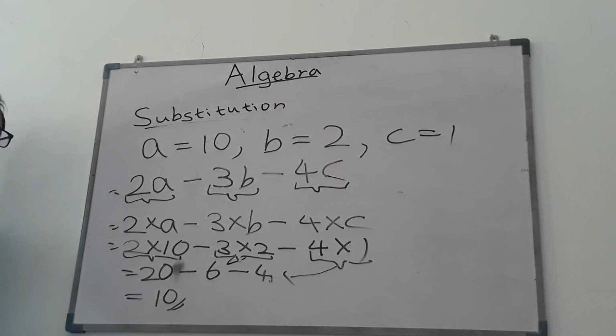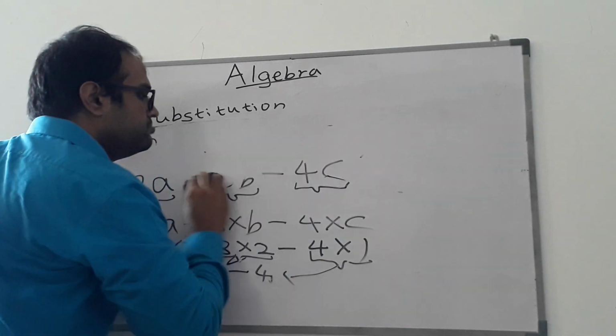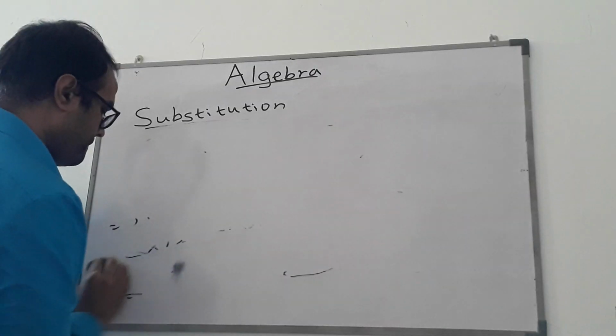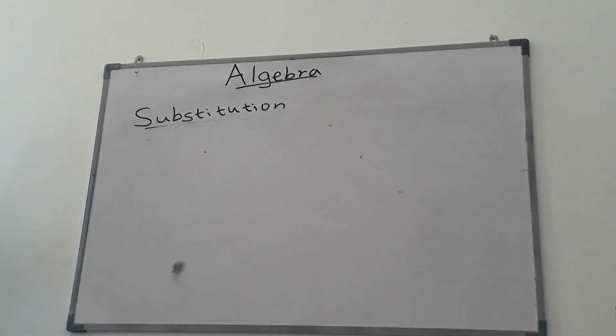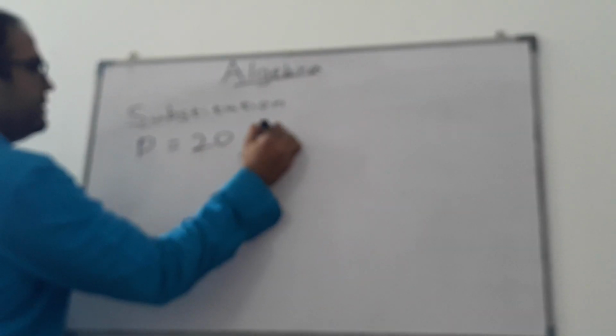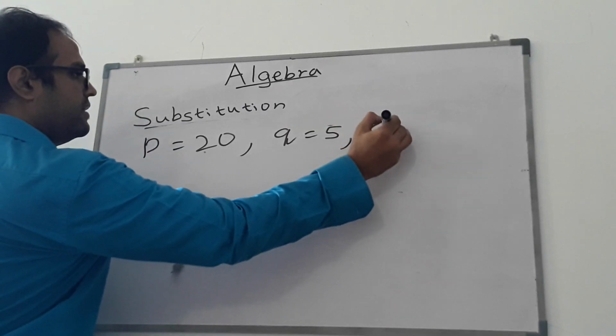Shall we do one more sum? Okay, we'll do one more sum. P equals 20, Q equals 5, R equals 1.